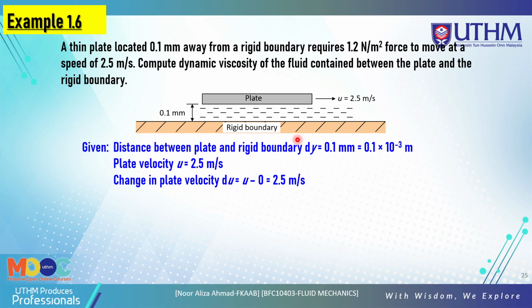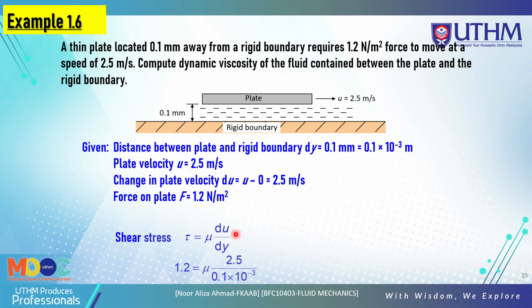The change in plate velocity du is equal to u minus 0, so we get 2.5. The force on the plate is 1.2 Newton per meter squared, and the shear stress uses the equation dynamic viscosity times du over dy.